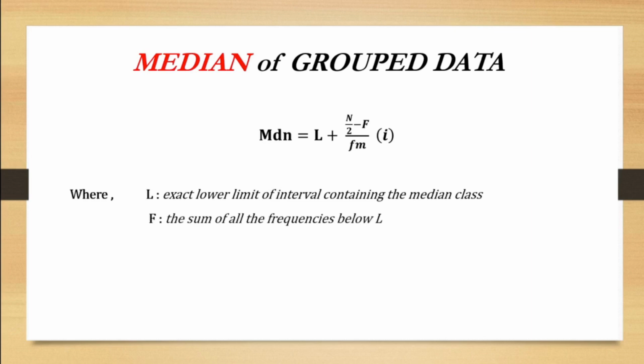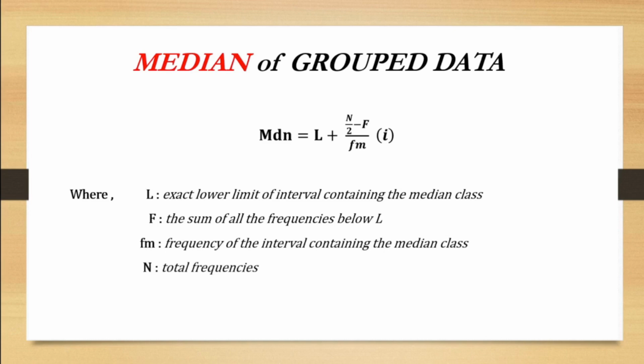The uppercase F is the sum of all frequencies below the L. And the Fm is the frequency of the interval containing the median class. And the N is the total frequencies, and the I is the class size interval.